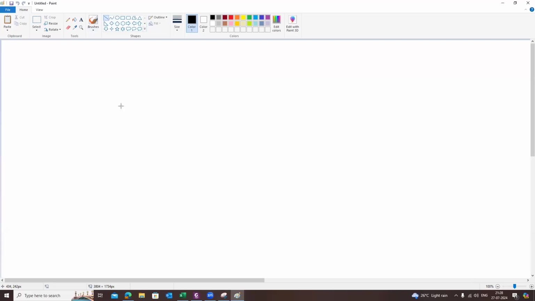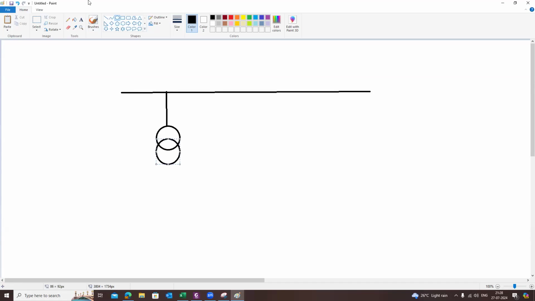Suppose, in a very simple way, let's take two transformers. I'm not good at drawing, so please adjust.